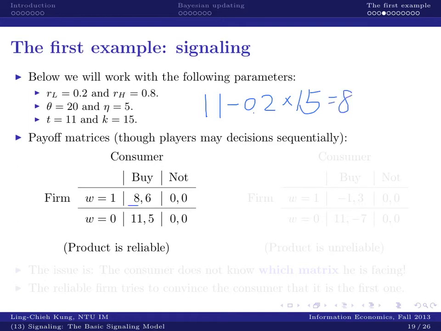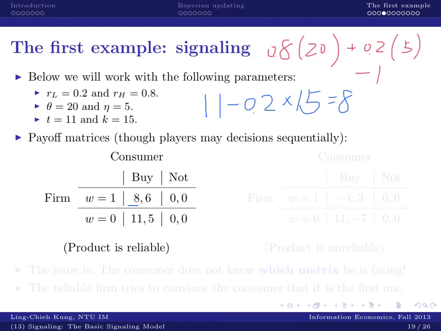Now the consumer's expected utility: with probability 0.8 the consumer gets the utility theta, which is 20. This should also be added to the 0.2 probability of getting the repaired product, 5.